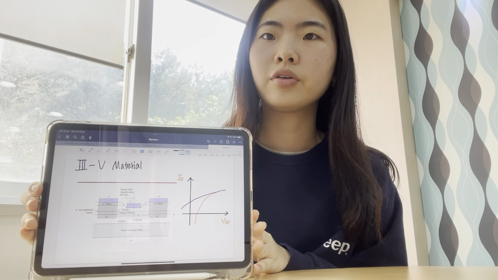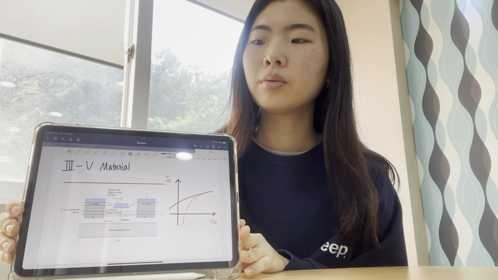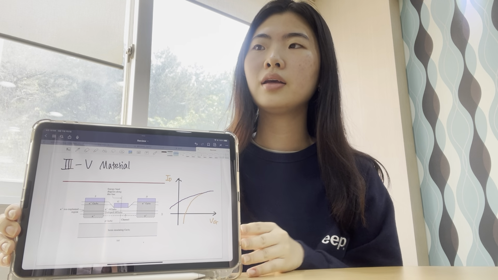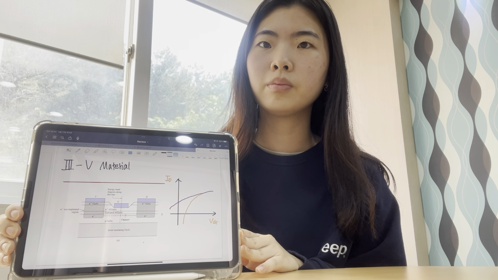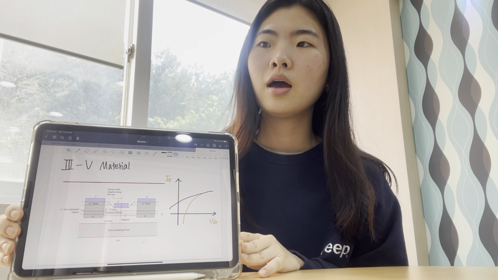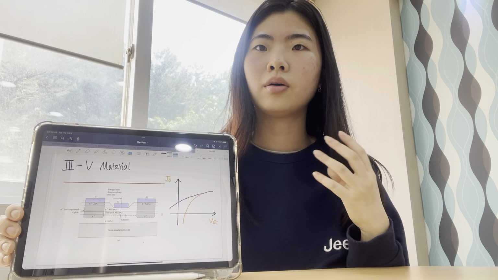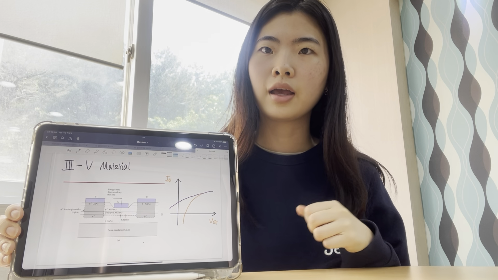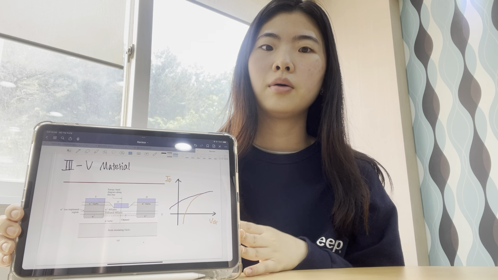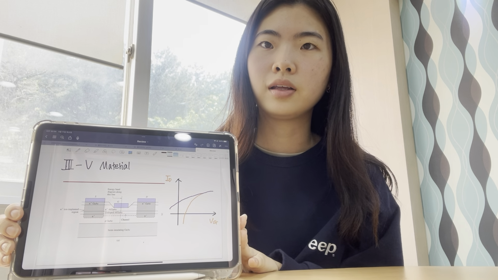So today we will talk about other materials for MOSFET. We will talk about the 3-5 material first. Before, we mostly used silicon. However, silicon has a limit, so we should discover some other material to achieve higher efficiency.